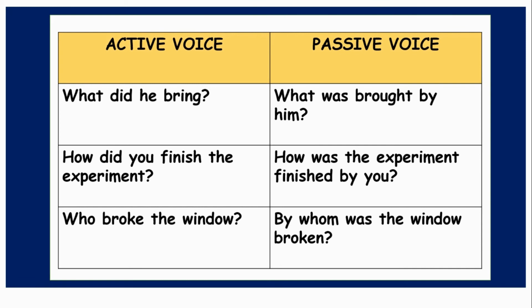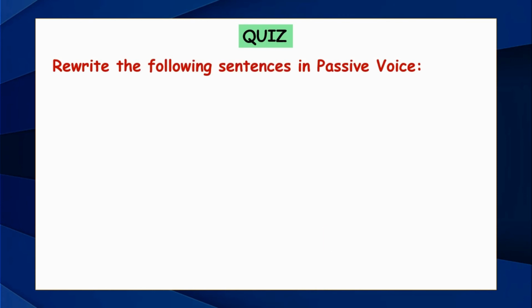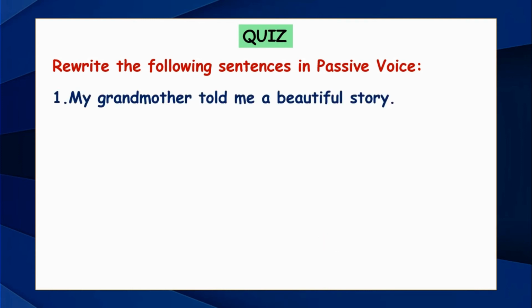Okay, I won't say that it's really easy, but it's not that difficult as well. A bit of practice is needed, that's it. Okay, let's do it and learn completely, coherently. Okay, you are supposed to rewrite the following sentences in passive voice. My grandmother told me a beautiful story. Check for subject, verb and object.